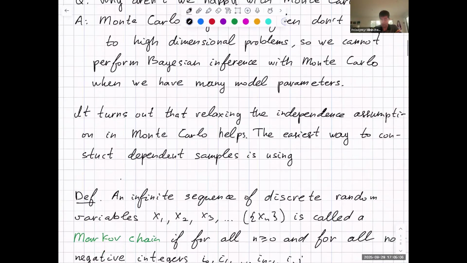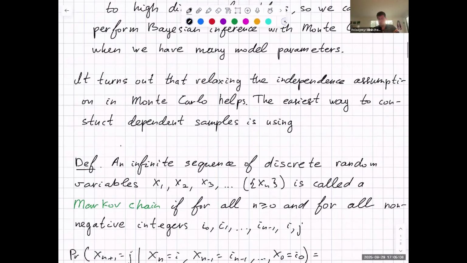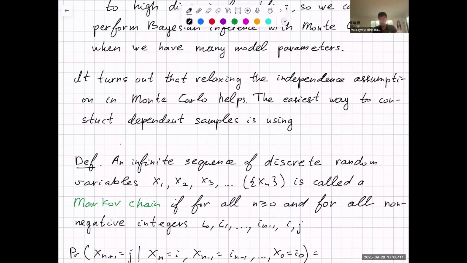But this independence can be relaxed, and the easiest way to relax independence is using the Markov property or Markov chains. So today we will need to do both. We will need to learn a little bit about Markov chains, the minimally sufficient theory or results that will allow us to understand why MCMC works.